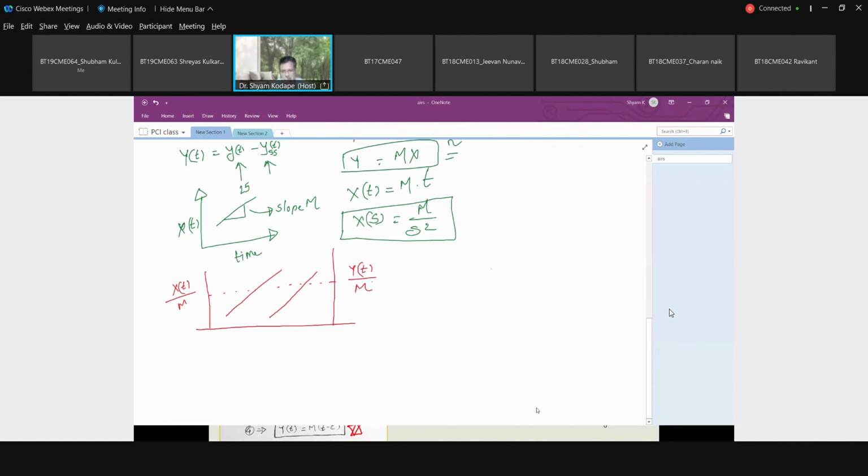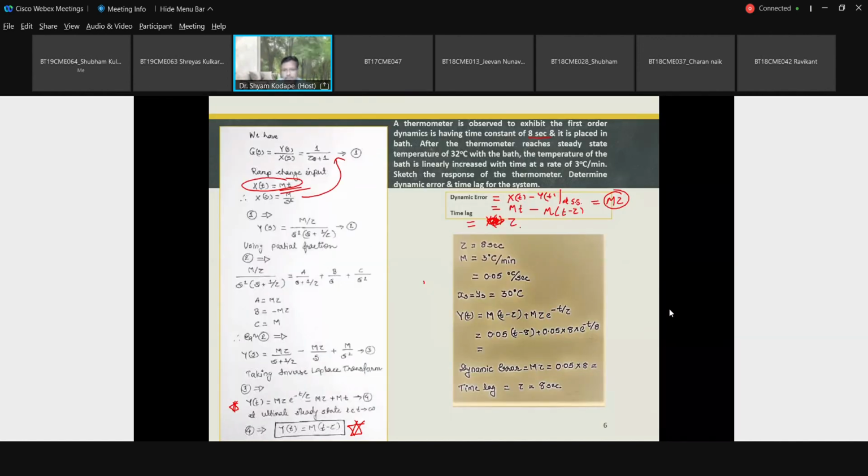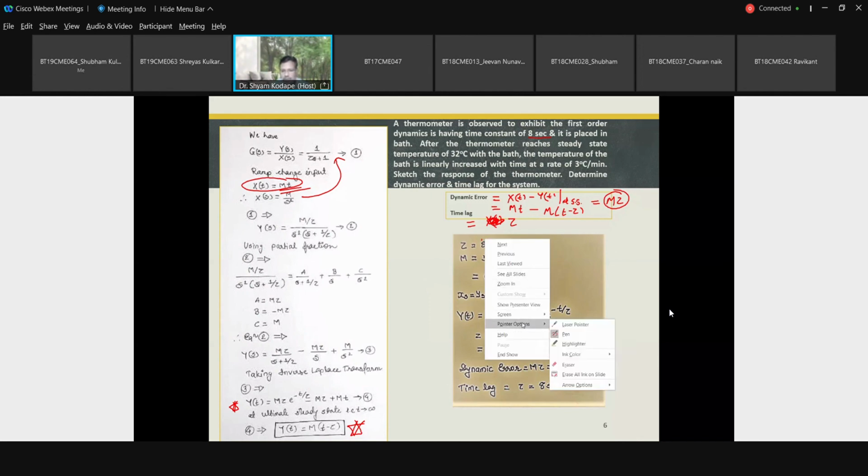In this case, xt is mt and yt is, at steady state, mt minus tau. So ultimately, this graph represents that.